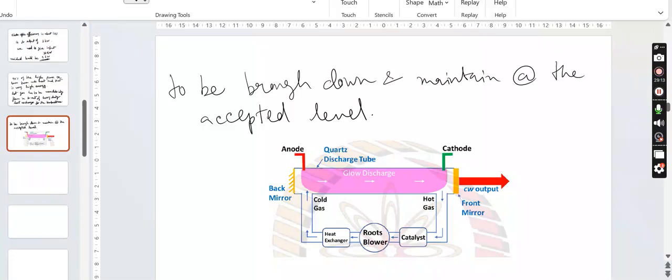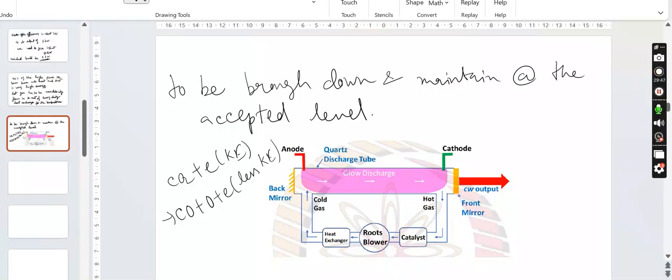Roots blower is the type of blower used in this schematic. And another thing is the catalyst. Why do we need a catalyst? At that high energy, the carbon dioxide molecules disintegrate into carbon monoxide and oxygen plus an electron with less kinetic energy.